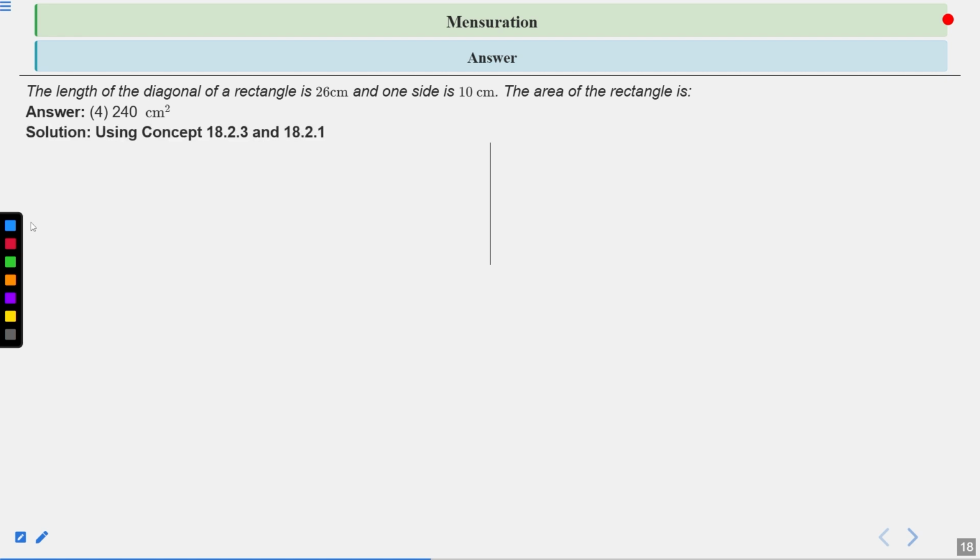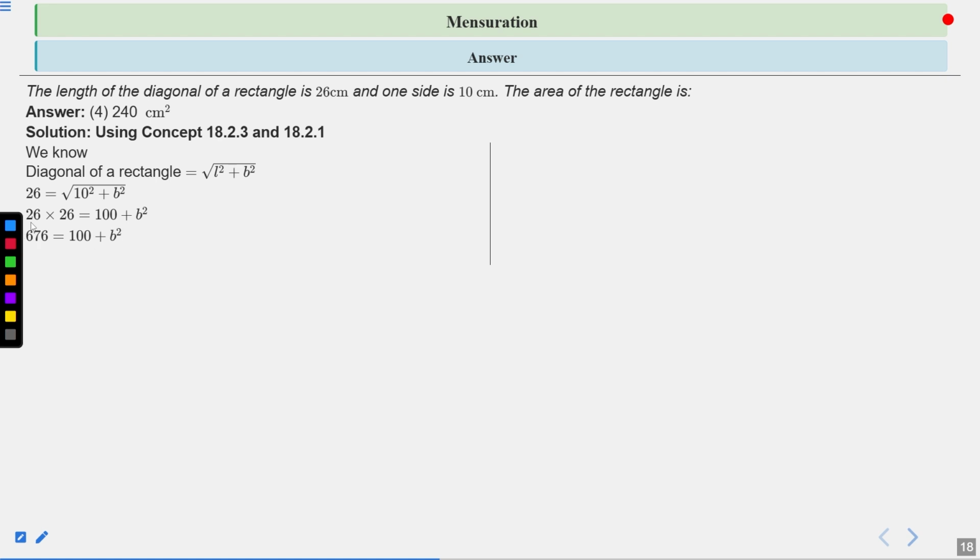Now see the detailed solution using concept 18.2.3 and 18.2.1 in this question. We know that the diagonal of a rectangle is under root L square plus B square. So by using the formula of the diagonal, we can calculate the next side. So 26 equals under root 10 square plus B square, or we can say that 26 into 26 is equal to 100 plus B square when we square both the sides.